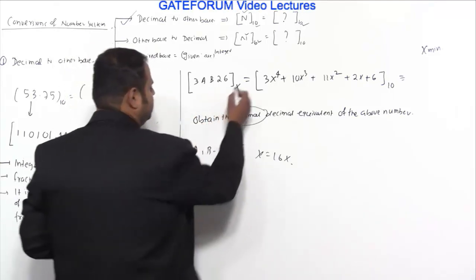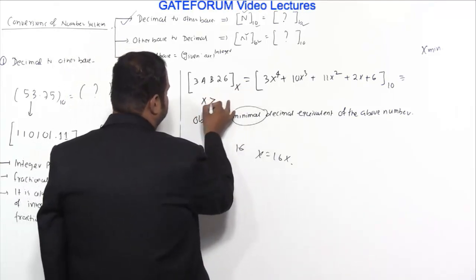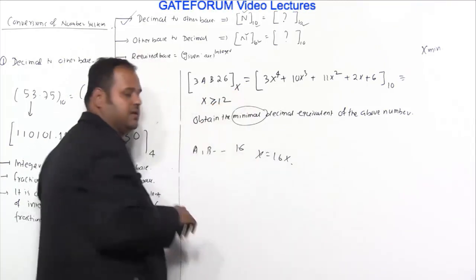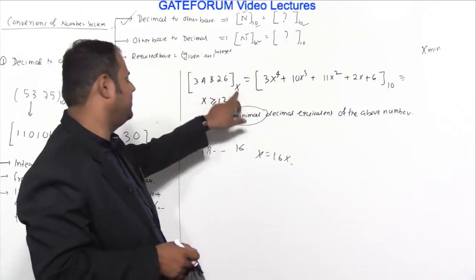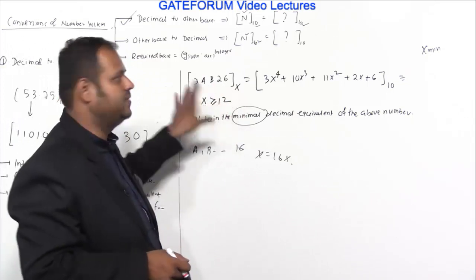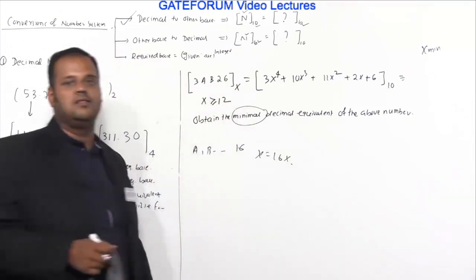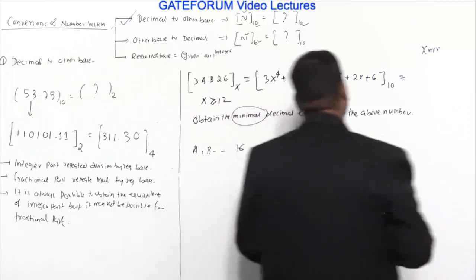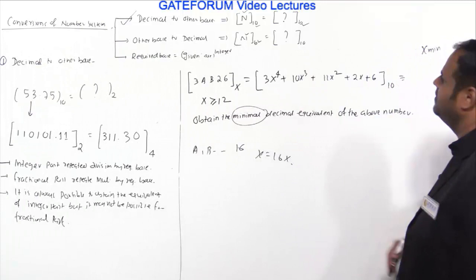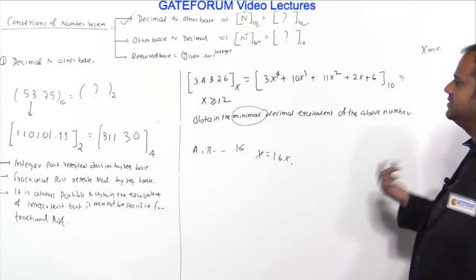So I can say x value in this case has to be greater than or equal to 12 onwards. Because this is holding 11, it can't be 11, it can be 12 onwards. So x can be 12, 13, 14, 15, all these values it can have, right? If I need x to be minimum, this expression should be evaluated by taking x equals 12, not x equals 16.